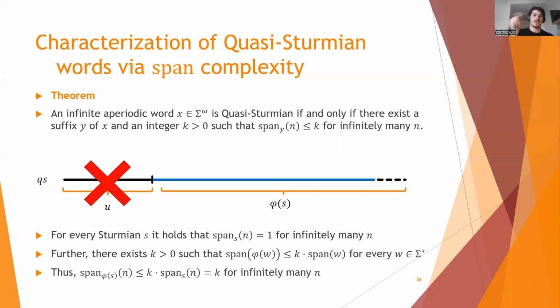Also, of course, the other direction comes from the observation that if we have a bounded span, then the factor complexity is at most n plus k.